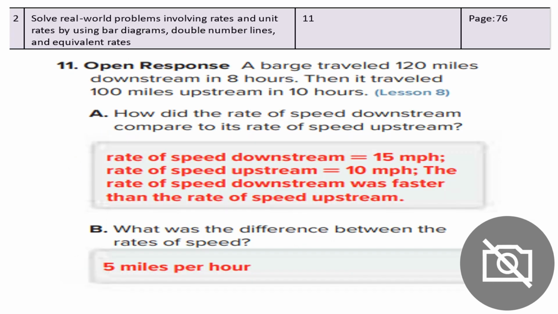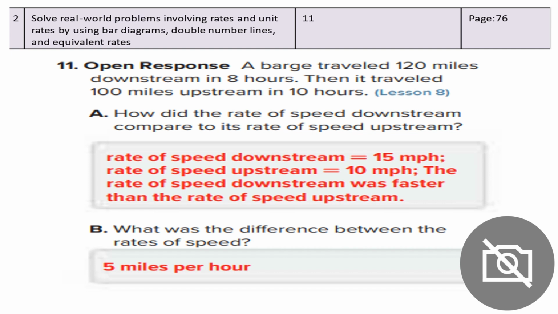See here, a real world problem they have given you, just read it and understand what the question says. A boy traveled 120 miles downstream in 8 hours, then he traveled 100 miles upstream in 10 hours.